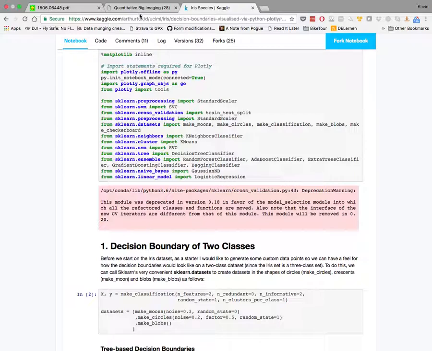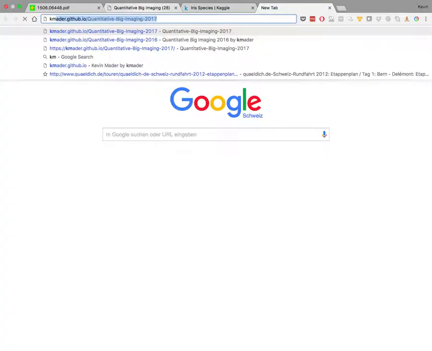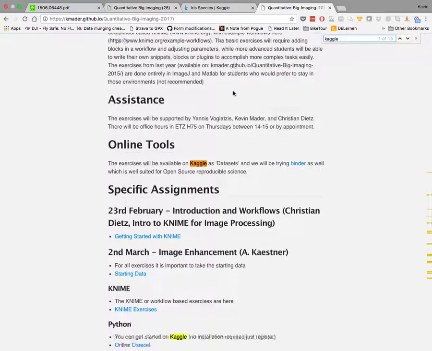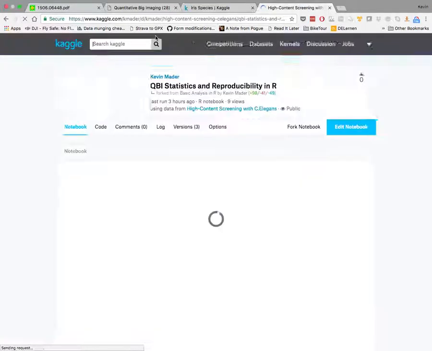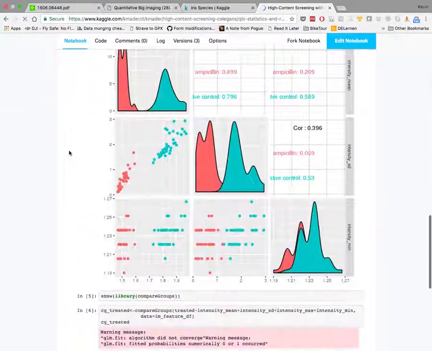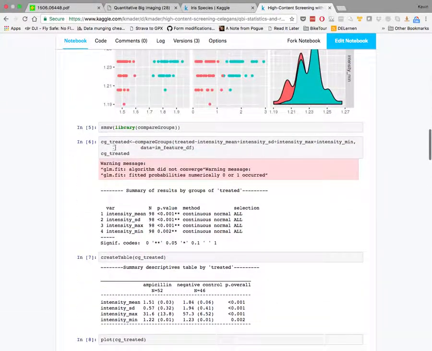We also have in our own exercises some tools in R. There are obviously Python equivalents of these tools as well, but one of the nice ones is called compare groups, which allows you to put in a table and say what variables you're interested in, and it will then come up with a nice summary of what you're looking at.